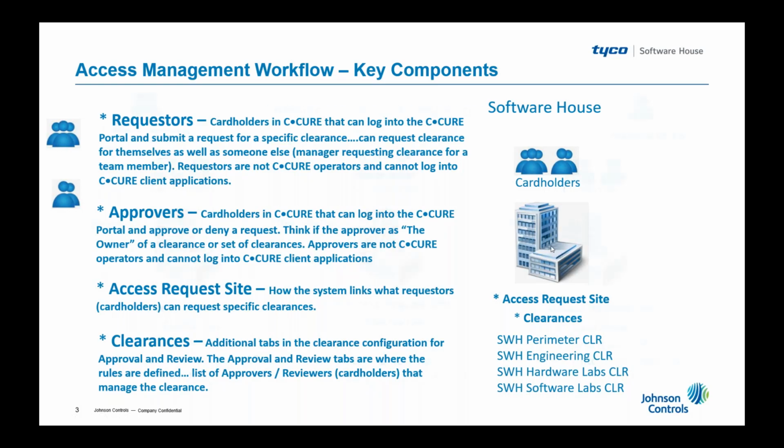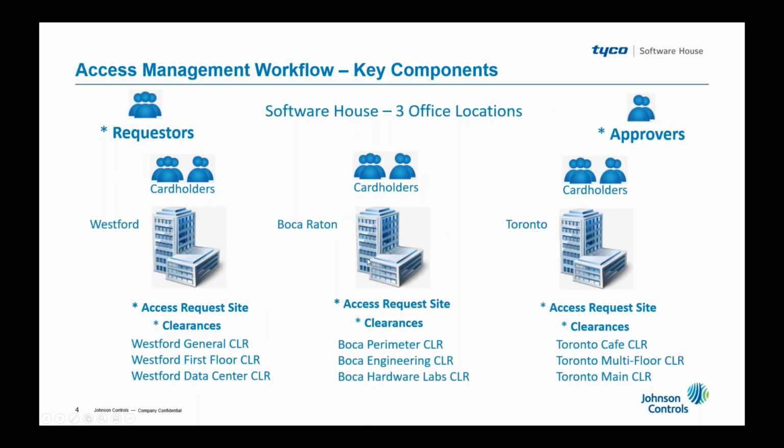You could also look at it like maybe I'm a company that has 3 regional locations, and I might want to have requesters and approvers that are tied to that location, meaning the clearances that control the doors in that location and the cardholders that reside at that location.